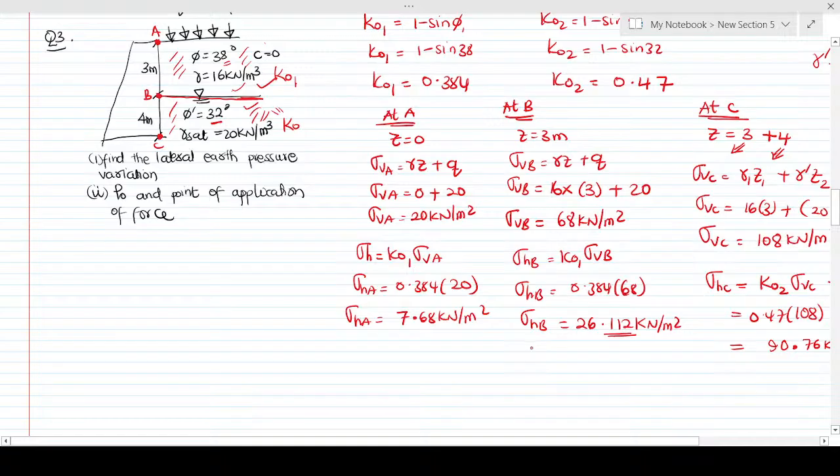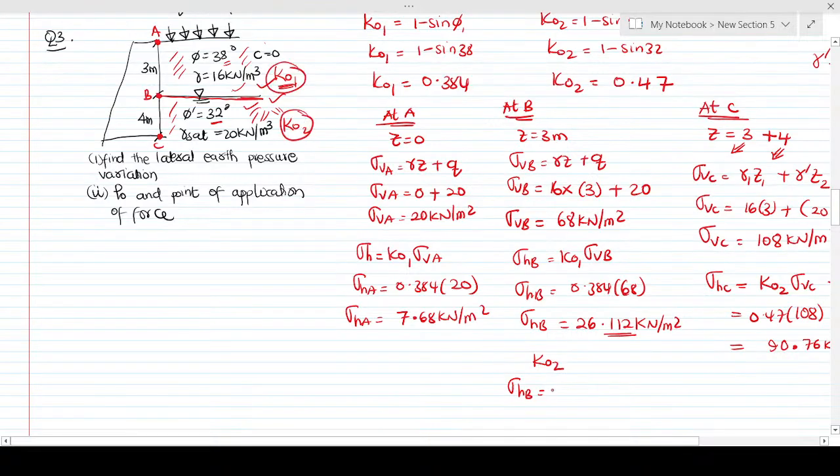But we are also obliged to use the K not two to find the lateral earth pressure at that place, because that is where the soil above and the soil below interface, and there are two different soils, you get it. And so we need the pressure as a result of the soil above it and as a result of the soil immediately below it. We need two lateral earth pressures there, because of Q not one and Q not two.